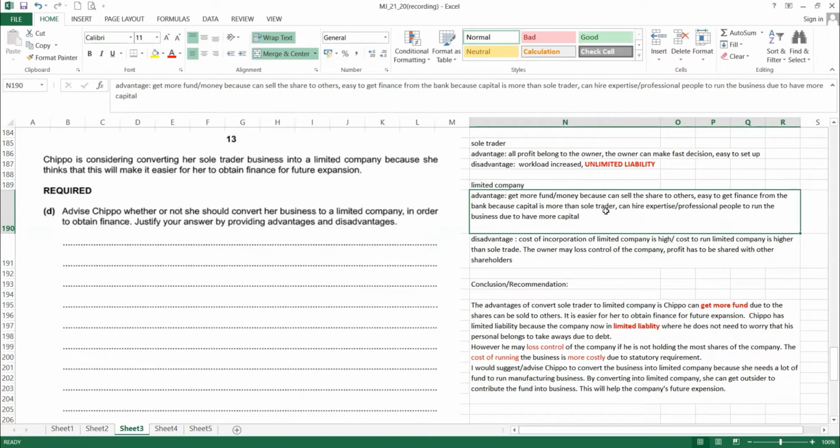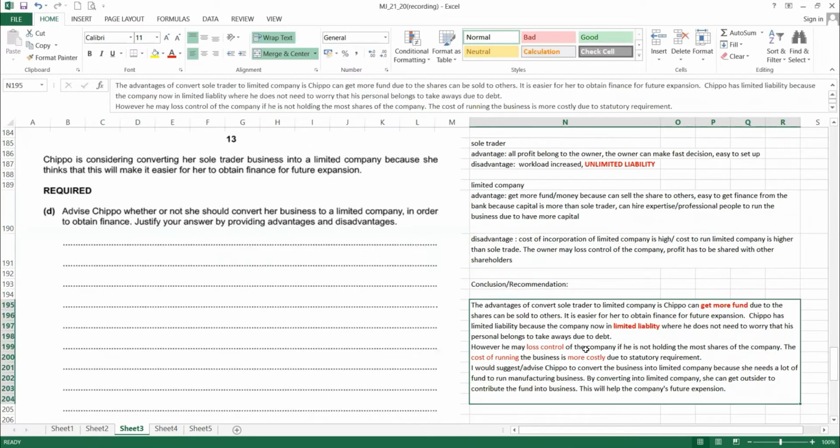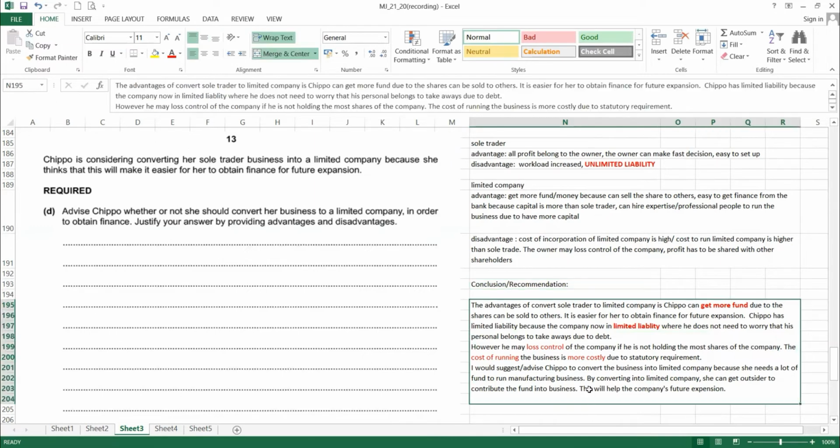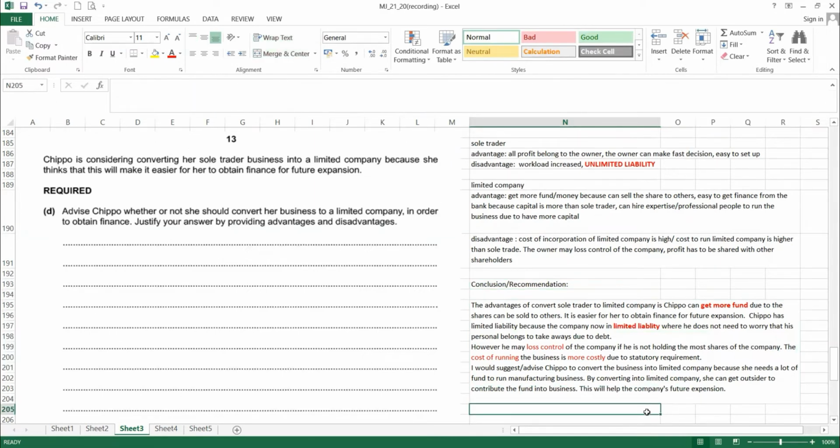So this is a point trying to give you the hint how to answer the question. But when it comes to the question, the overall answer depends on how you write it. Try to use the points, write complete sentences. And then don't forget the last sentence is your conclusion, whether you support or not support. So that is up to the individual. See what is the angle that you look into it. Okay, this is for question 3.